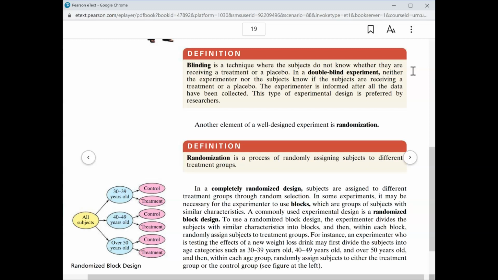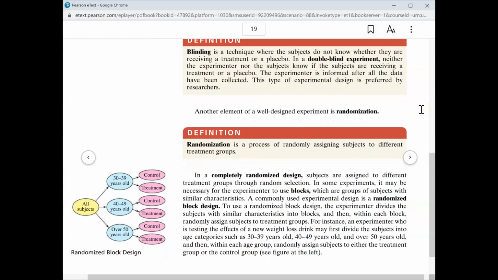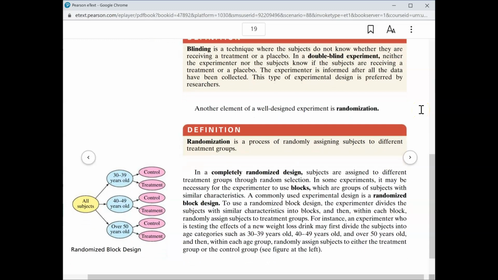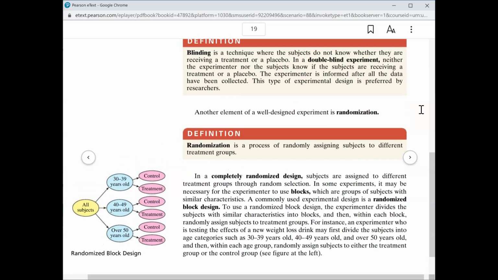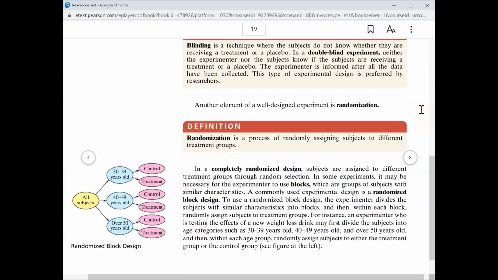In a double-blind experiment, neither the experimenter himself, the researcher, nor the subjects know whether the subjects are getting a treatment or a placebo. Only some outside organization would know that. The experimenter is informed after all the data have been collected. This type of experimental design is preferred by researchers because it minimizes the placebo effect. It also minimizes the bias that could creep in.